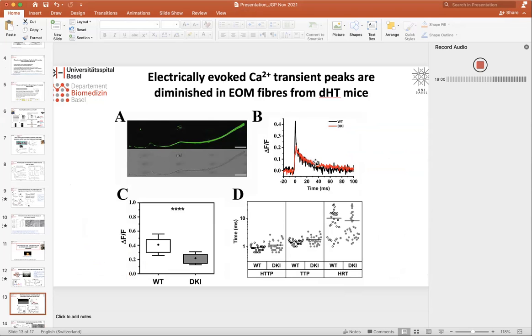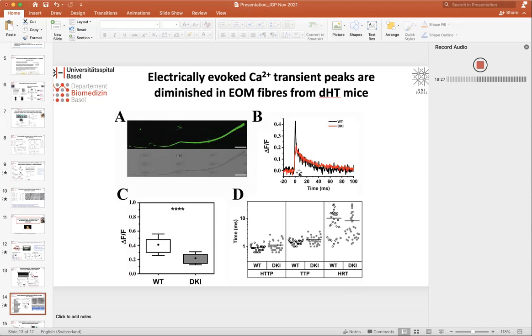And once again, the double hetero mice are in red. You could see here a superimposition of the traces. In the double hetero mice, the calcium transient is approximately 50% smaller than that of wild type, while the kinetics aren't so affected. So once again, as we saw in the EDL and the soleus, we have smaller calcium transients in the double hetero mice.